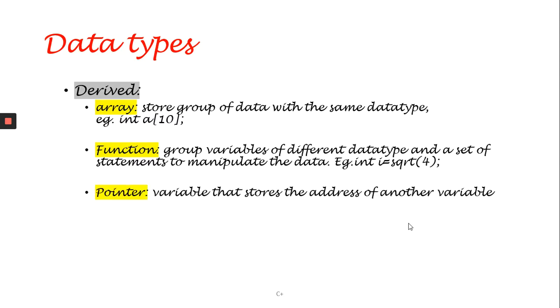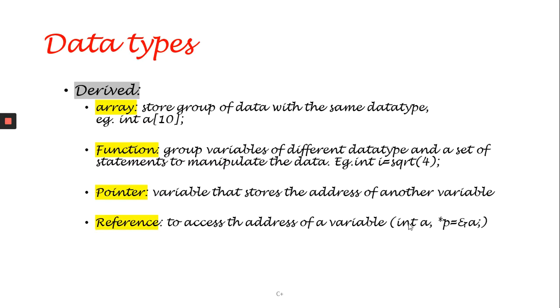Then we have pointer. A pointer is a variable that stores the address of another variable, and the address of the variable can be accessed using the reference data type. For example, int a means a is a variable that can store data of type integer.